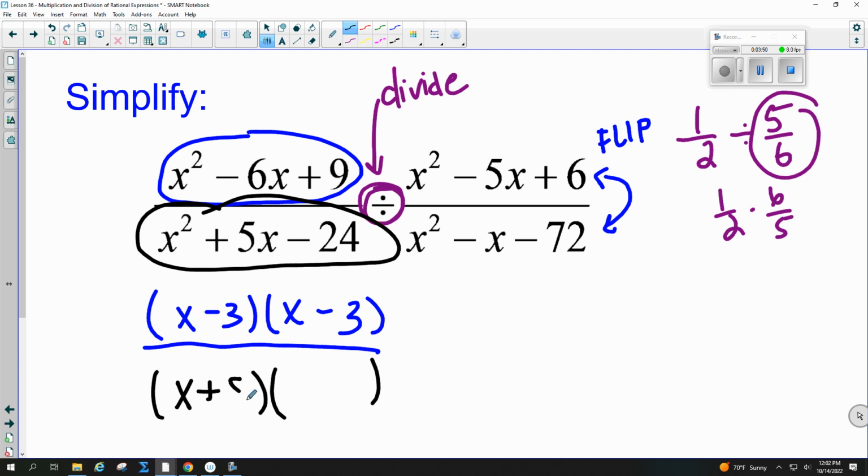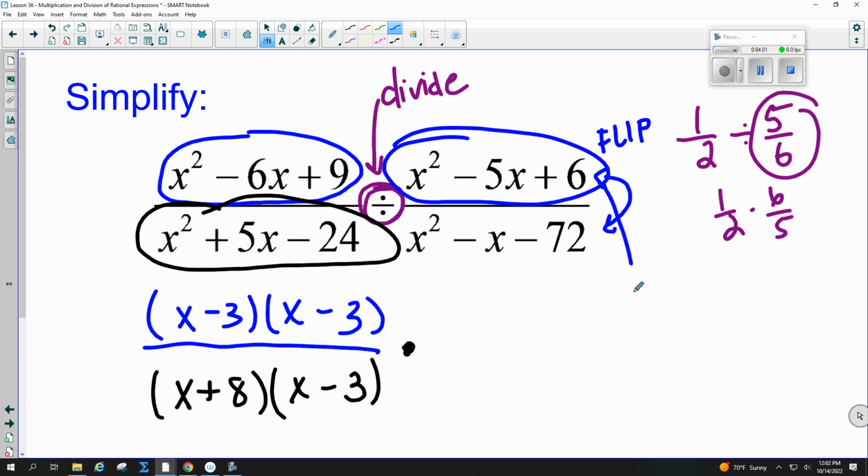Good job. Okay, change this to multiply. And now I need this next one, guess where I'm going to write it? In the denominator, because I'm flipping it. So Maddie, can you tell me what multiplies to positive 6, this one's kind of hard, adds to negative 5? Good. That multiplies to positive 6, adds to negative 5.